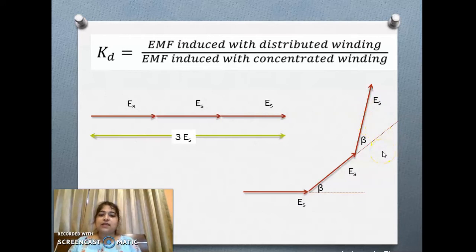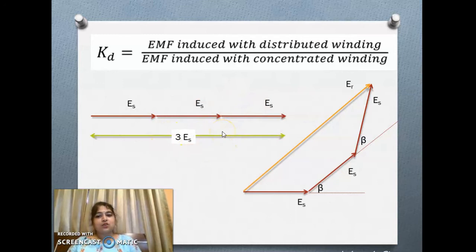What is the ultimate aim? To get the EMF induced in distributed winding, that is, to get the vector sum. So I'll draw the vector here, and this ER is going to give us the vector sum. Again we take the ratio for KD, that is the vector sum, which is ER, upon the arithmetic sum, which is thrice ES.